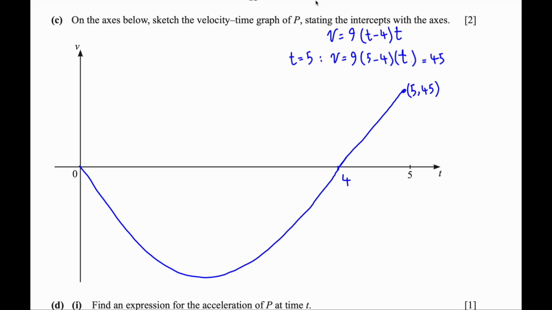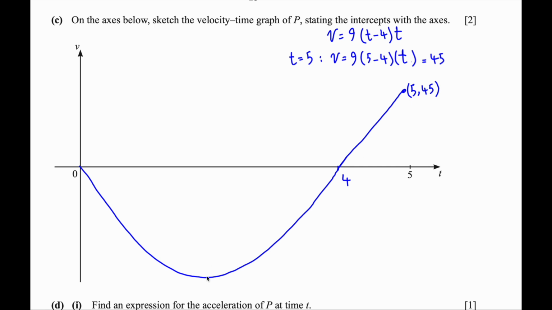And if you recall from part B, this is the equation for velocity. And this is obviously a quadratic curve. It is obvious that the leading coefficient is 9. Therefore, my parabola should open upward, as you can see here.